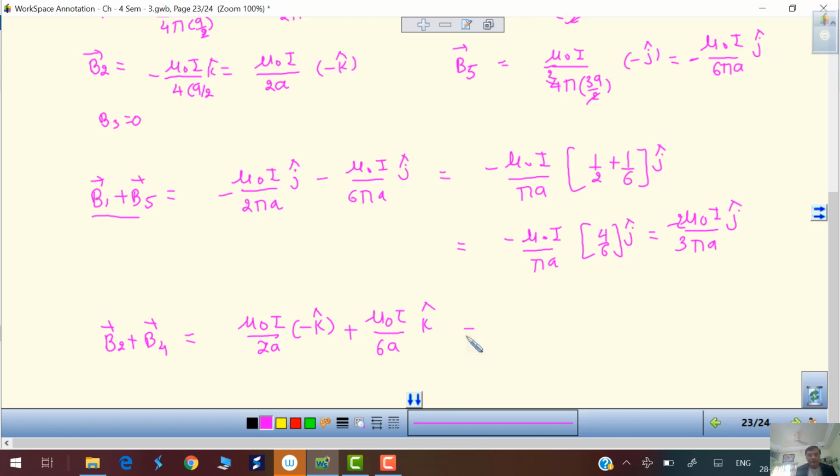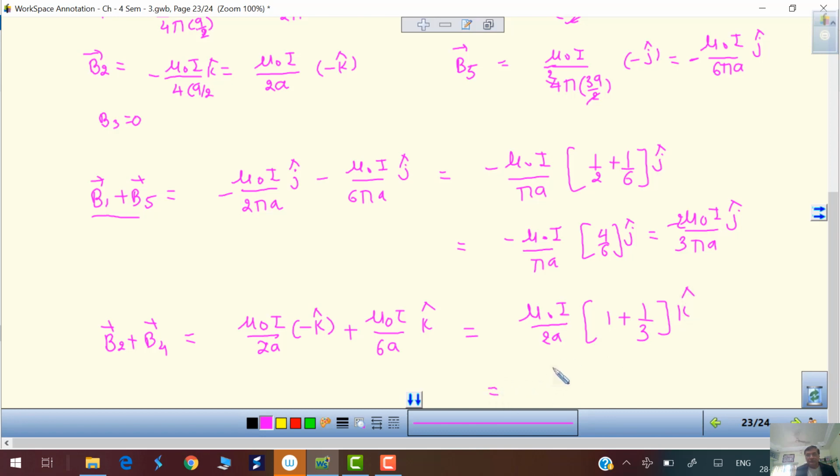We take the common, μ0 is common, I is common, I take 2a common, so I get 1 plus 1 by 3, in the direction of k.